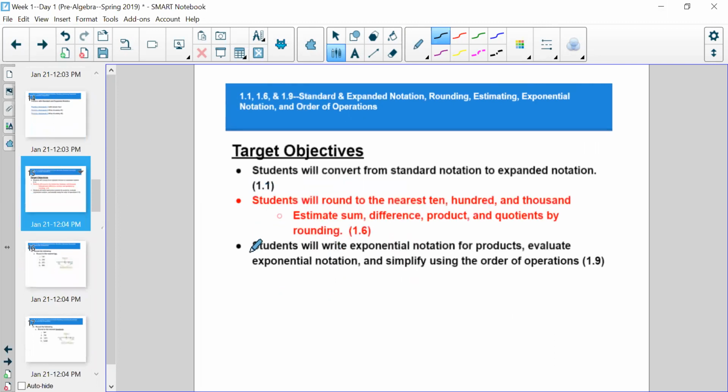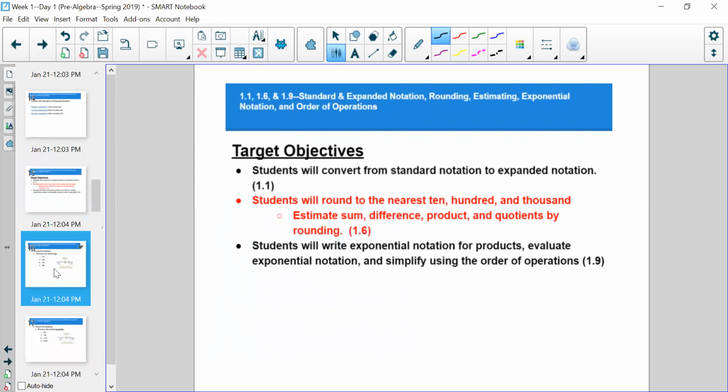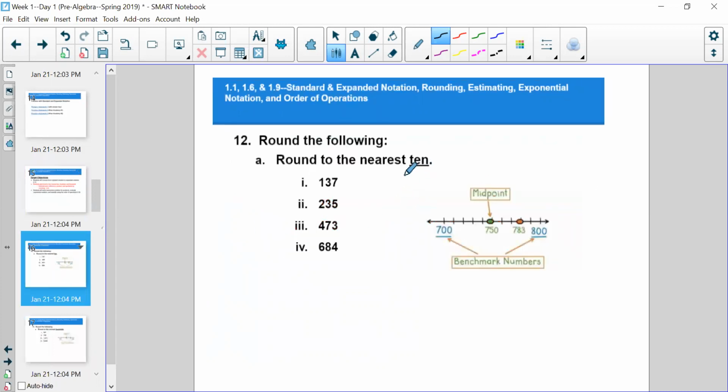Objective number 2, we're looking at different rounding procedures, working with compatible numbers in order to do estimates. So for rounding, when I say nearest tens, I'm looking right here. I'm looking at that number, this number. All of these, I'm thinking about the nearest tens. So on a number line approach, you've got that 137.